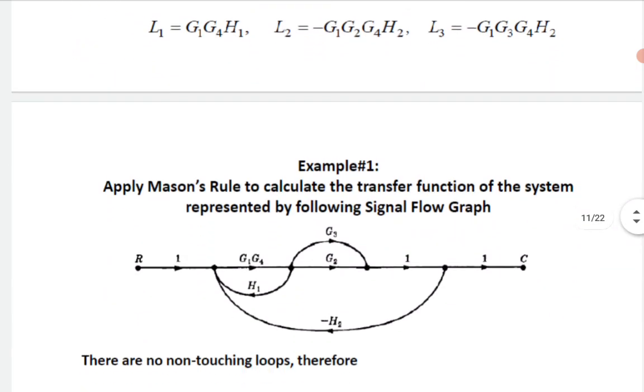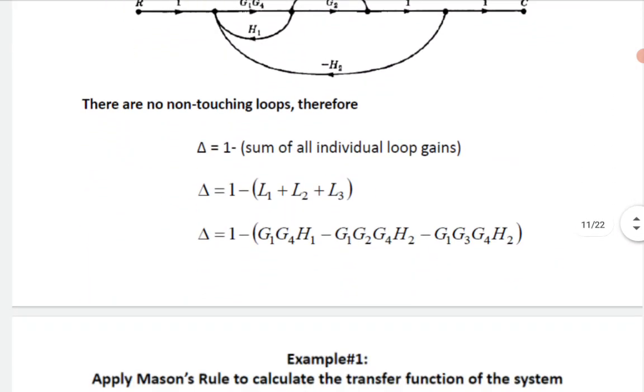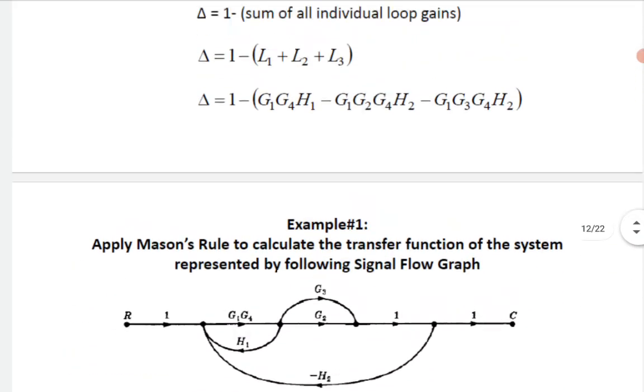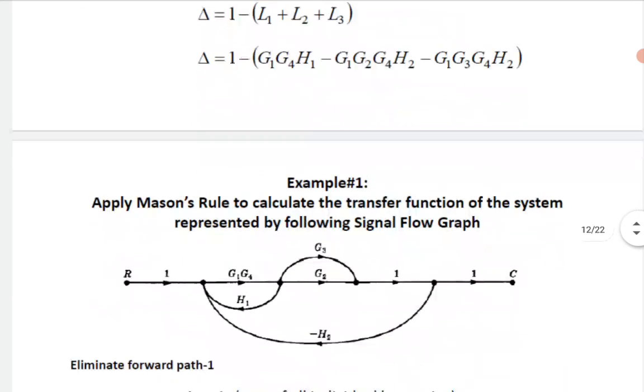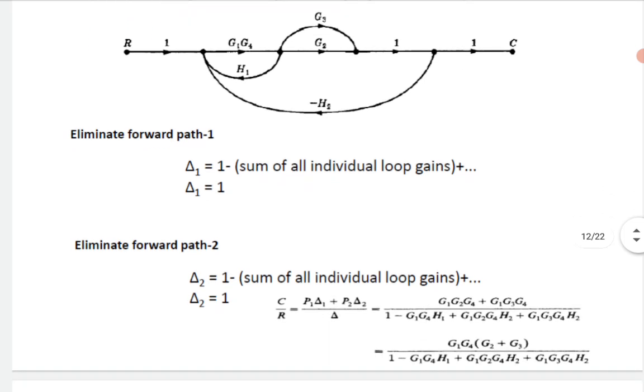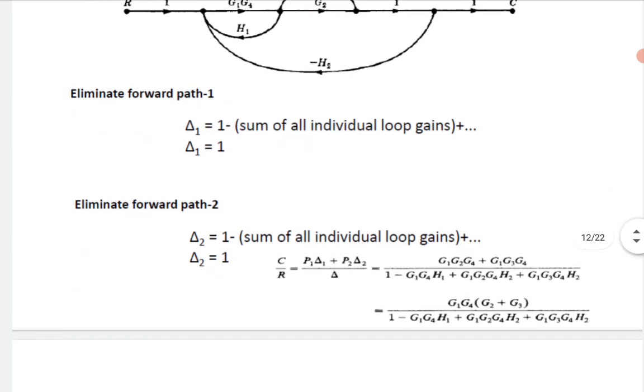So we can substitute all those values. Here delta is 1 minus the sum of the individual loops, that is 1 minus within the bracket G1, G4, H1 minus G1, G2, G4, H2 minus G1, G3, G4, H2. Already I told you delta 1 is 1 and delta 2 is 1.